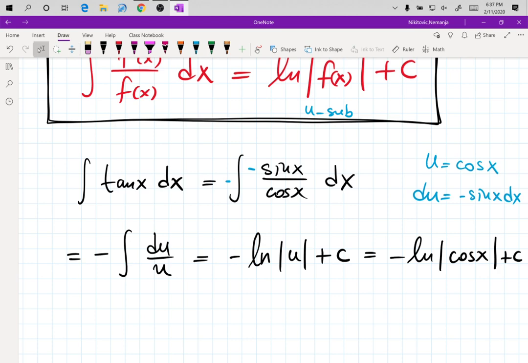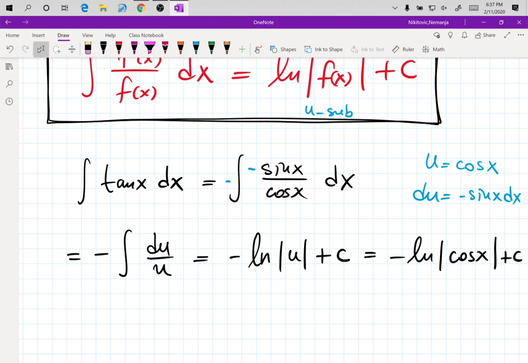Why? Because derivative of sine is cosine, derivative of cosine is negative sine, derivative of tangent is secant squared, right? Derivative of secant is secant tangent. You see? It's always secants with tangents. So you can't leave integral of tangent as a cosine.